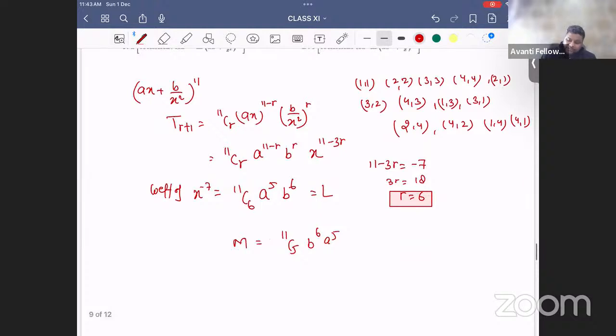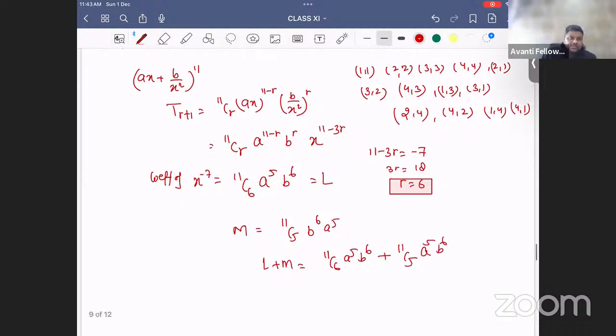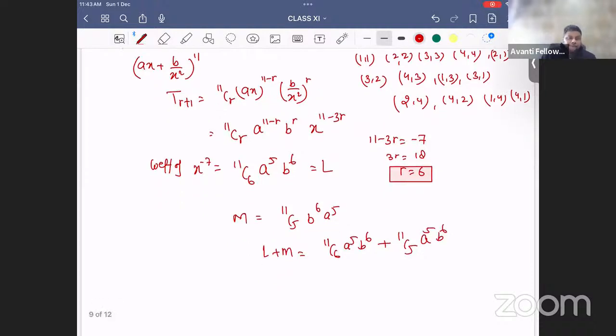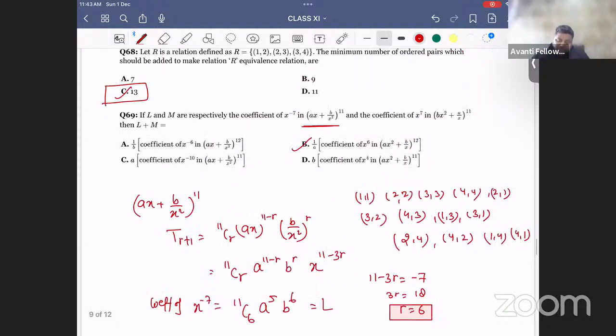Now they are asking for L plus M: 11C6 a^5 b^6 plus 11C5 a^5 b^6, which is same basically. So twice of 11C6 a^5 b^6. Got it? Now you just check with the options.